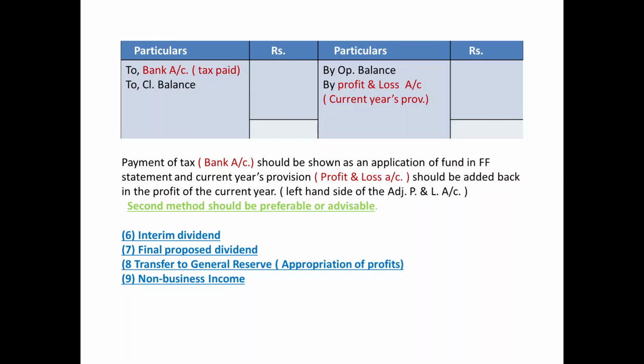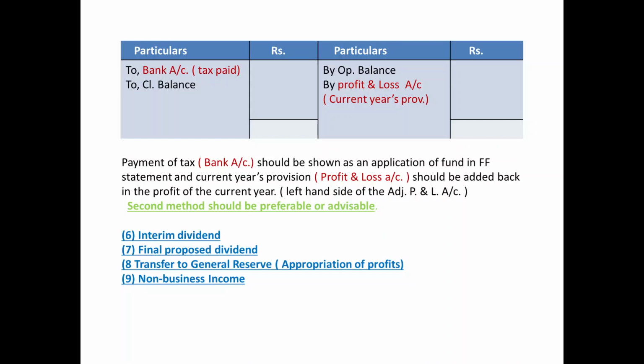Shareholders are supposed to give their consent, and then within a few days, the company can make the payment of the final proposed dividend of the last year, last year as on 31st March. But the AGM took place in July, August, September next year, got the consent in that AGM, and now the payment has been made. So last year's proposed dividend has now been paid in the current year.